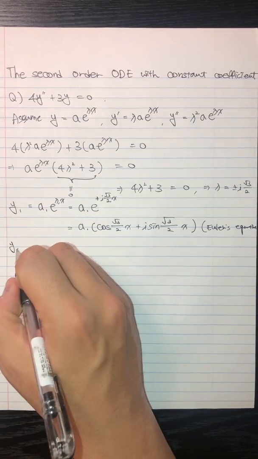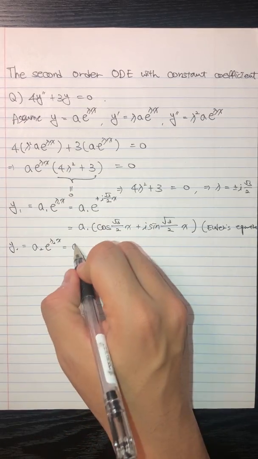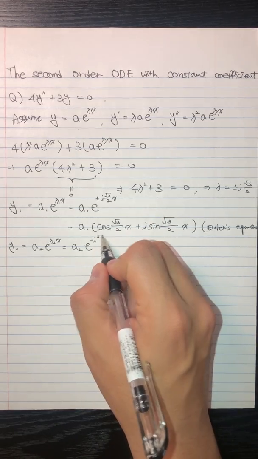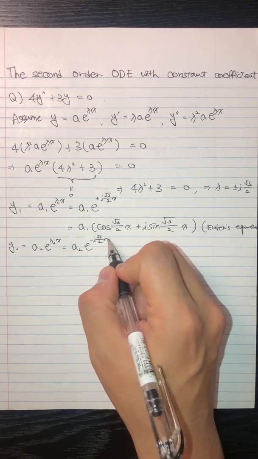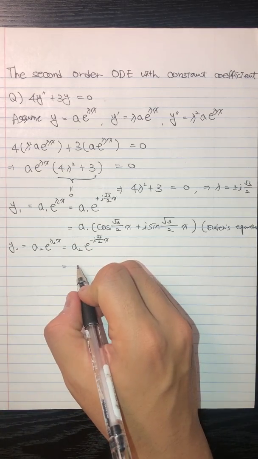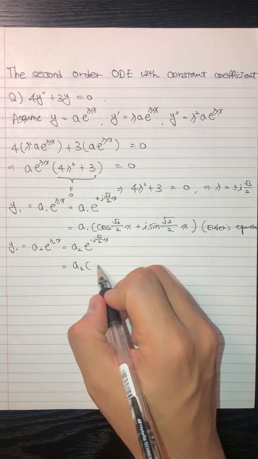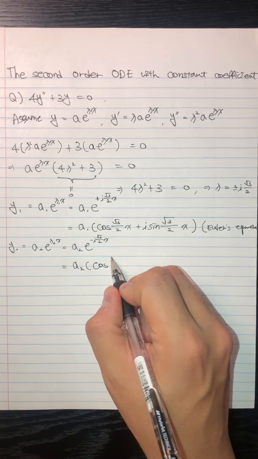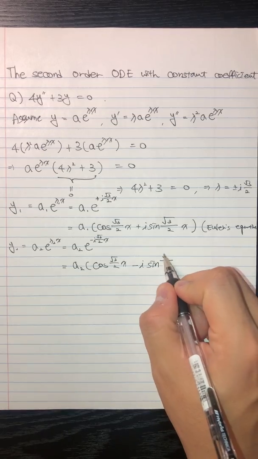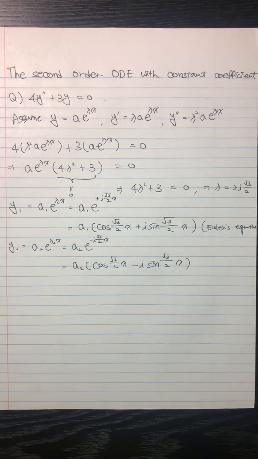What about y2? a2 e^(λ2 x), right? So a2 e^(-i√3/2 x). And by using Euler's equation, we can rewrite this as cosine of √3/2 x minus i sine of √3/2 x, right?